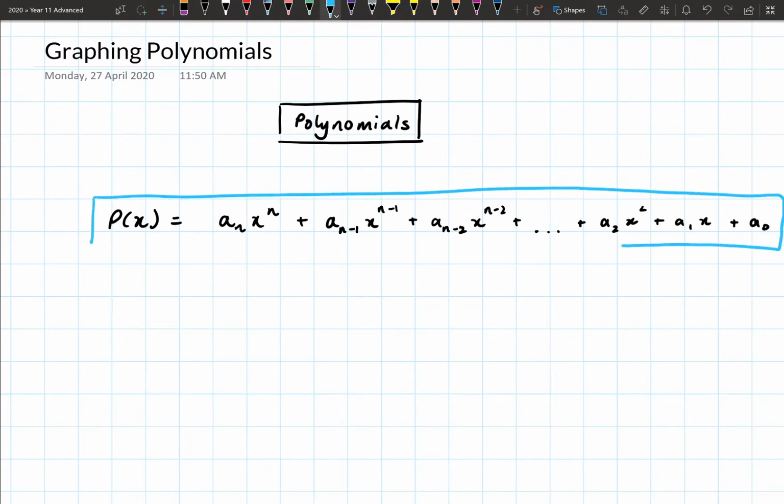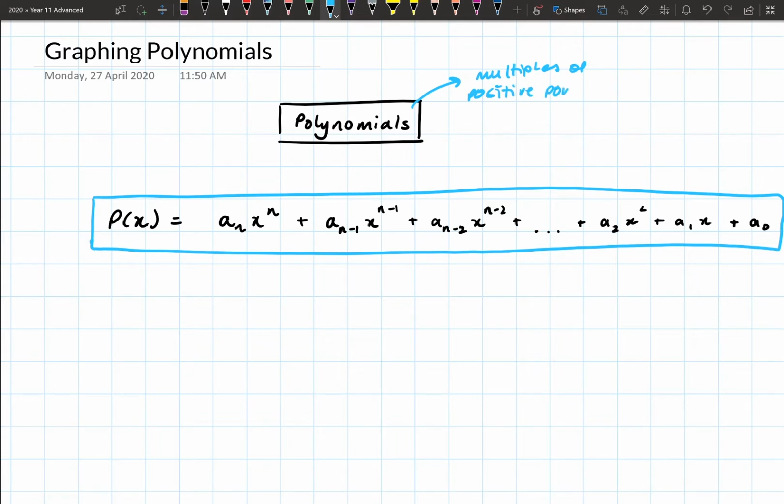So it's a group of functions where you have multiples of positive powers of x, or a constant.